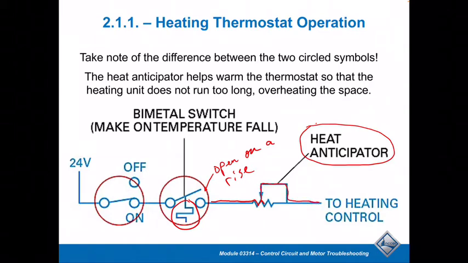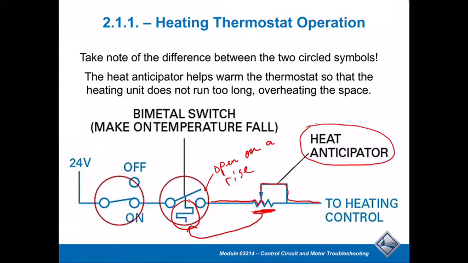What you're doing is adjusting the amount of heater that is being used to provide anticipatory heat to allow the bimetal to function, so it will anticipate that I've reached my set point, to prevent overshooting of a thermostat. That's really what its function is.